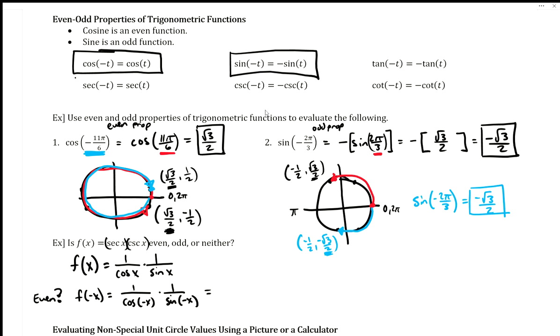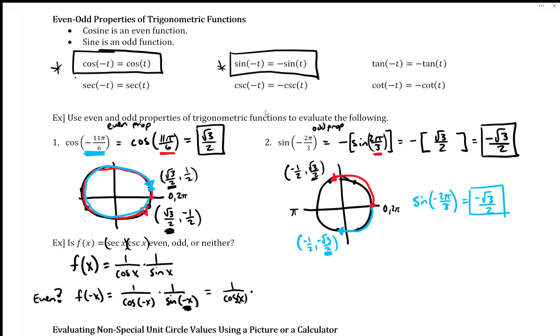Now I'm going to use my boxed information up here and apply those properties. The cosine of negative x is just cosine of x. So that's using that property right away, and you can keep that in parentheses too. Then times 1 over sine of negative x, well, this negative here, again using that property, you can take to the front.